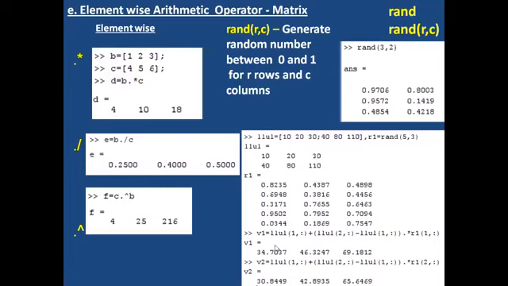And LL of 2 comma colon means I want to retrieve the second row. In this place, I am going to have the second row value, and then minus the first row value. That means 40 minus 10, 80 minus 20, 100 minus 30. That is the answer of this one.